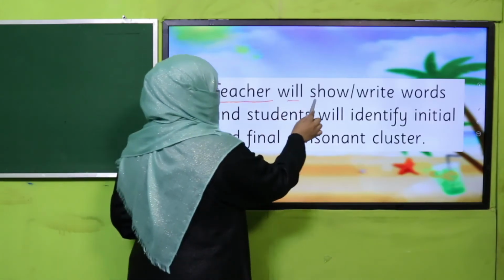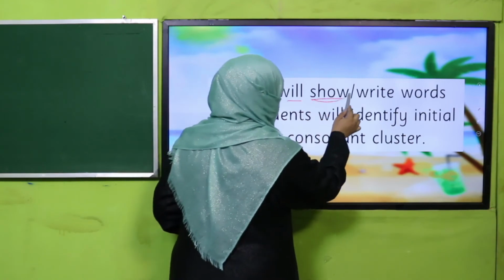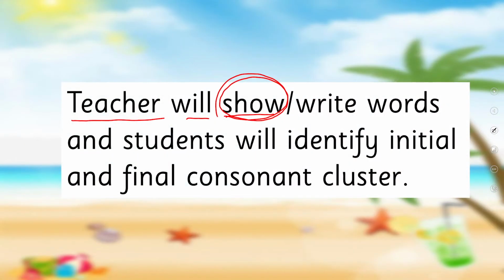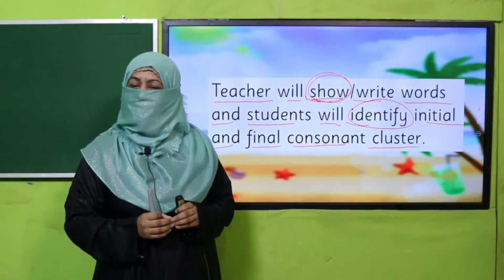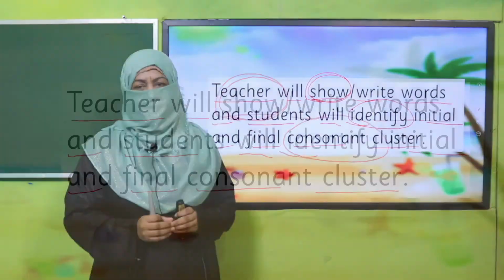Your teacher will show flashcards to you. Otherwise, she may write words, and students will first identify initial and final consonant clusters and then pronounce them. So this is how you are going to complete this activity. Pause the video, enjoy the activity and then come back.